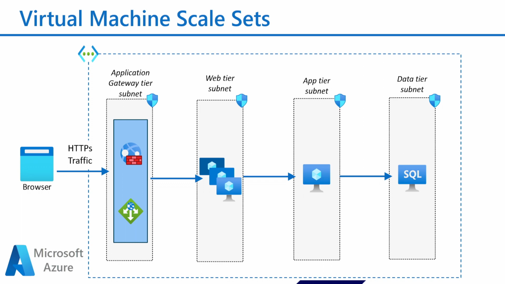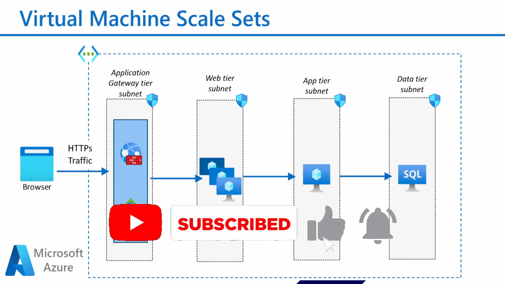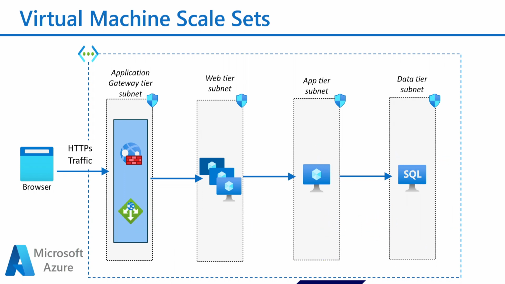So you can have zero VMs when you have no workloads at all, and then you will not pay for the virtual machines. You will still be paying for the disks because these cannot be scaled down, but the virtual machine itself could be scaled from zero to 1,000 virtual machines, or 600, depending on the configuration of the virtual machine. The same thing could be done for the application tier and so on.